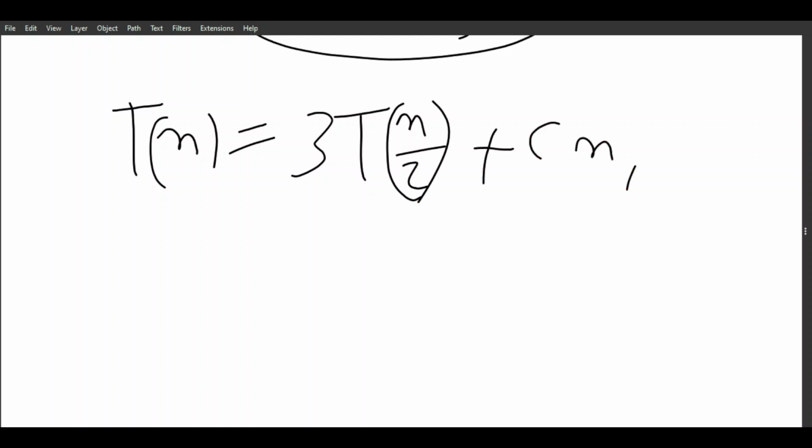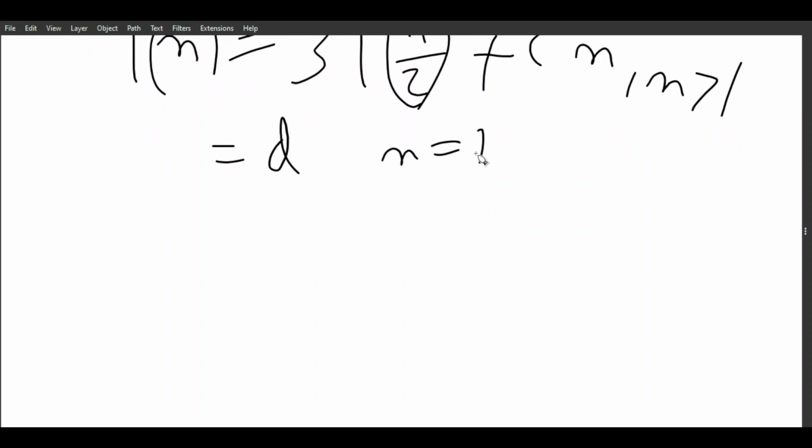Write it as Cn when n is greater than 1, and equal to D when n is 1. So again the same idea, but the only difference is this time the number of subproblems is 3. Similar idea we use.